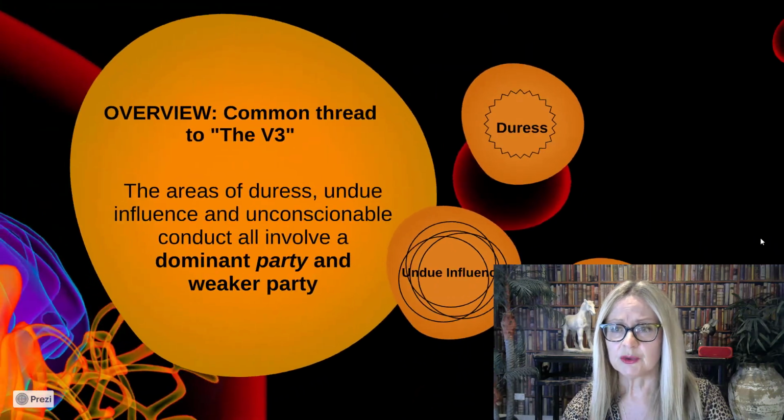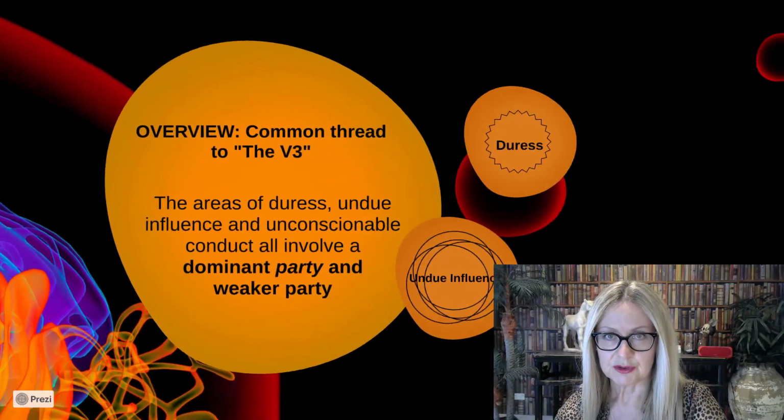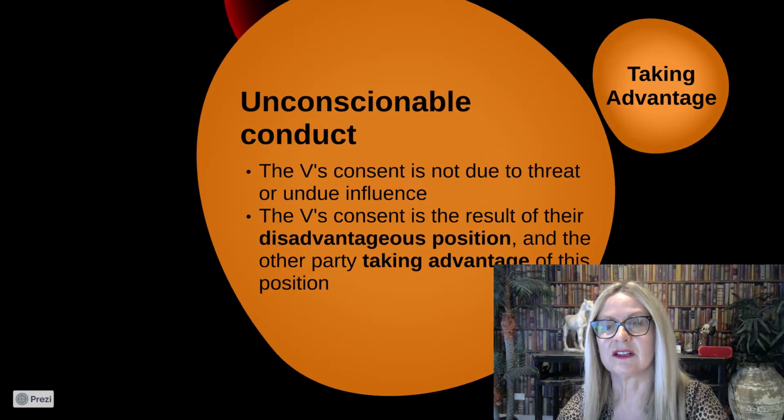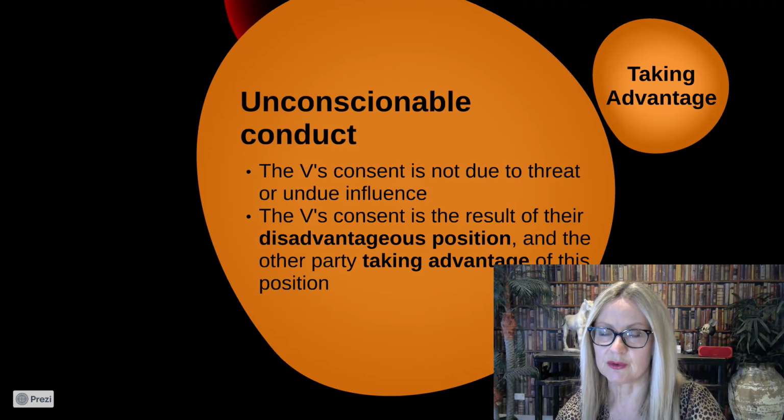So that's undue influence. In terms of unconscionable conduct, the victim's consent is not really due to a threat or some kind of undue influence. The victim's consent really is as a result of their disadvantageous position and the other party really exploiting that disadvantageous position.